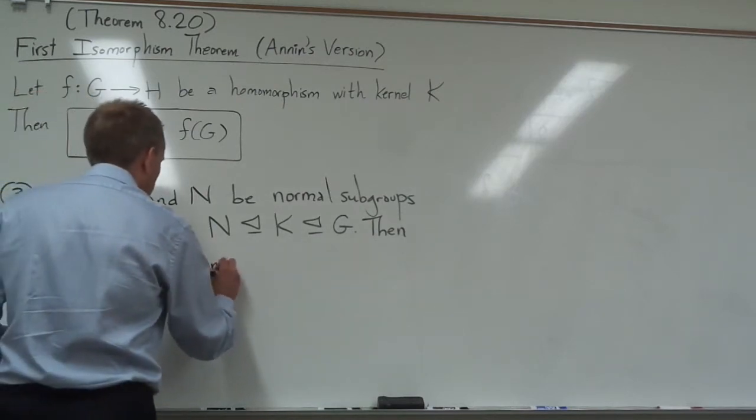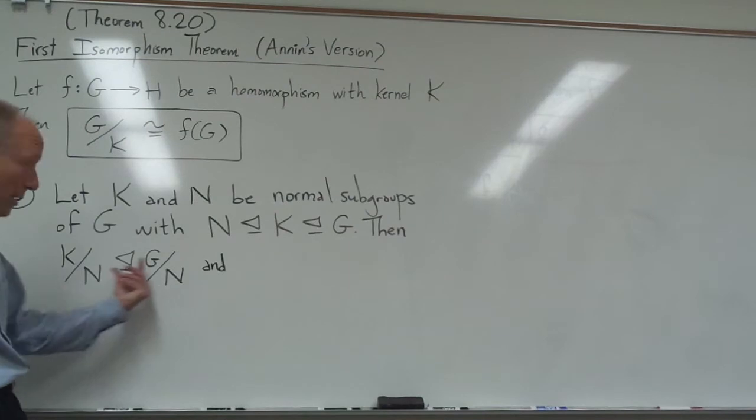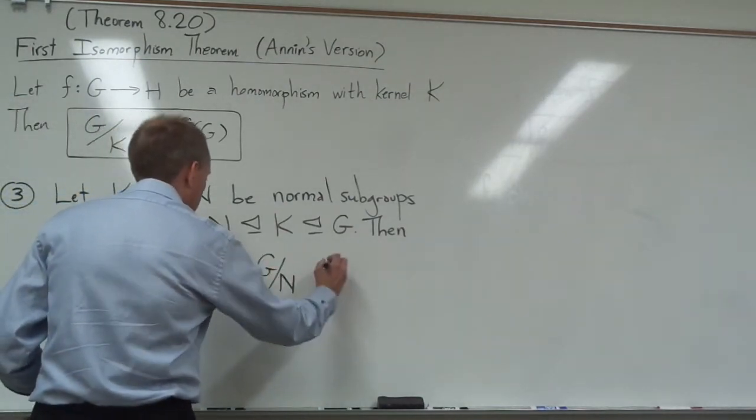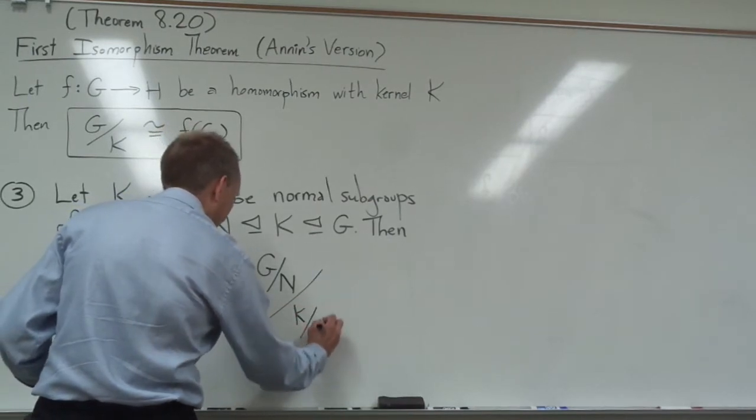And because K mod N is normal in G mod N, we can actually form a quotient group out of that relationship.